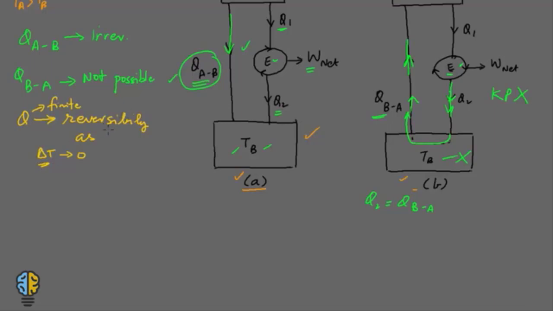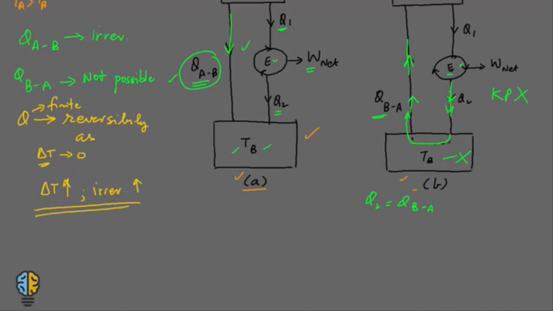All actual heat transfer processes are through finite temperature differences and are therefore irreversible. The higher the temperature difference, the higher the irreversibility. So as delta T increases, the irreversibility increases. This is a very important concept to understand.